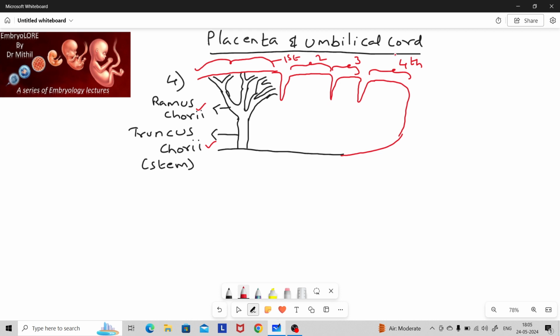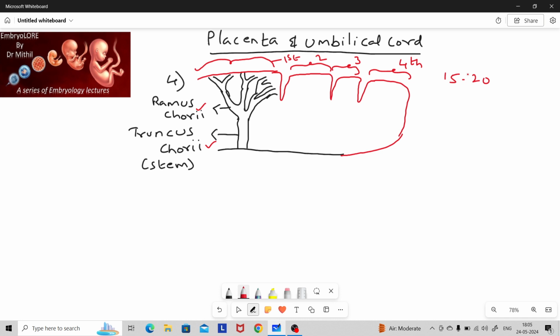Usually 15 to 20 cotyledons will be observed on the placenta maternal surface.